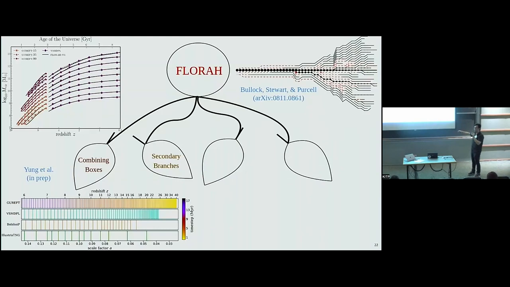So we might need to include other properties such as the environment, the shape of the halo, or the spin of the halo. I did not include them here. Right now we have a working model and we plan to at least get this main progenitor branch out, and then we're going to look into more properties.